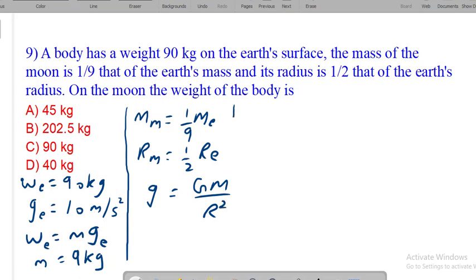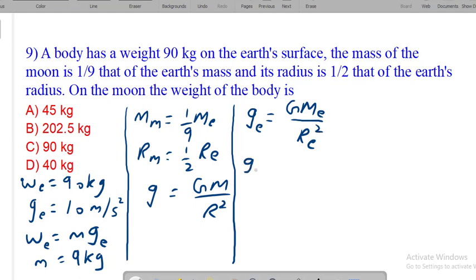So first we write the value of GE: GE is G, which is of course constant, then ME, the mass of the Earth, upon RE square. Then we have GM, which would be G MM, mass of the moon, upon RM square.